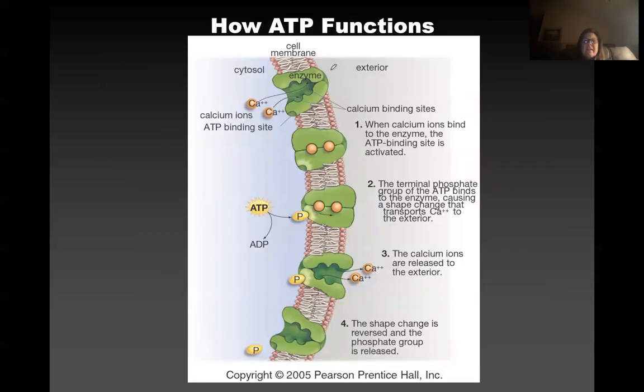And so right here, we can see our calcium pump. We bind our 2 calcium ions here. The ATP binds with that active transport protein, and then it changes its shape and releases the calcium to the outside, where we're going to start to increase our calcium concentration gradient. And then we'll keep going over and over again.